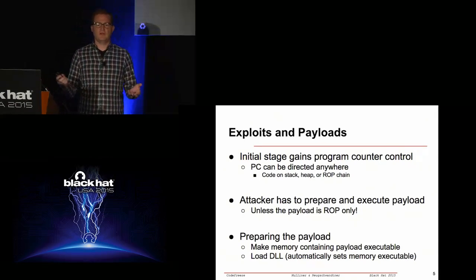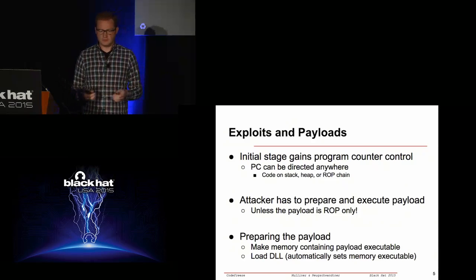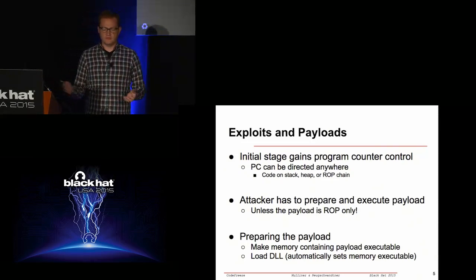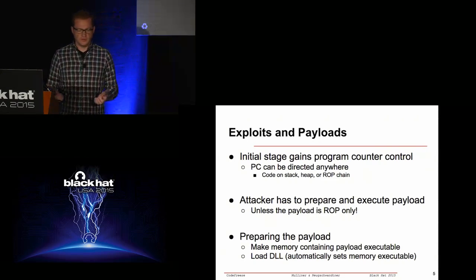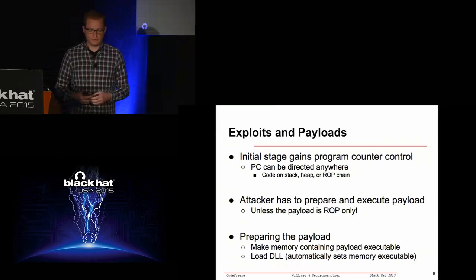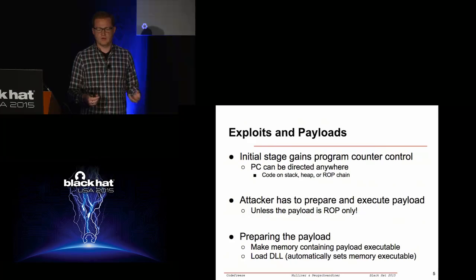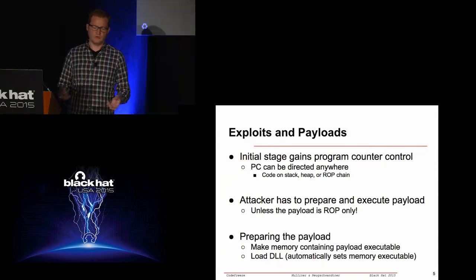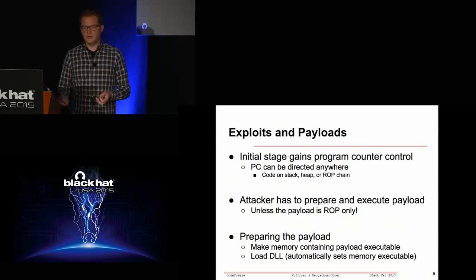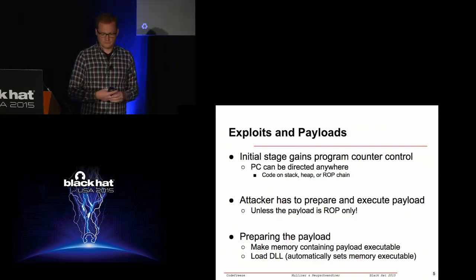Normally when you have an exploit, you have multiple stages, and in the initial stage you just try to get program counter control. Once you have program counter control, you direct it somewhere. In the old days you had some code on the stack or that you introduced on the heap, or today you have some ROP chain.